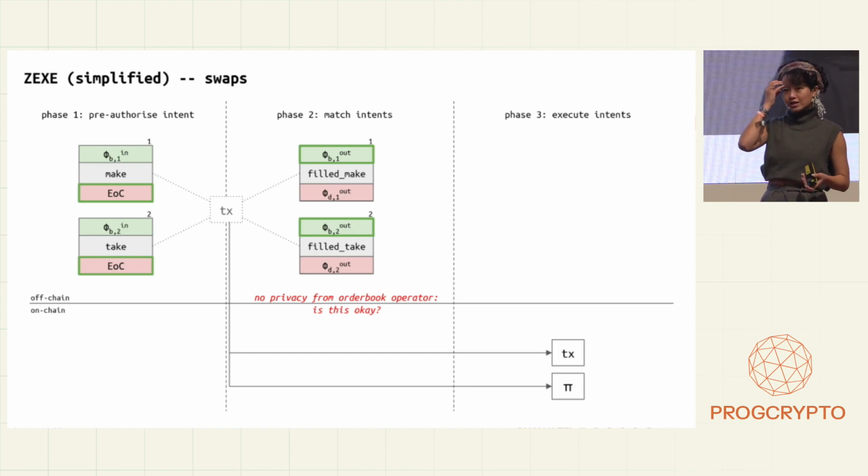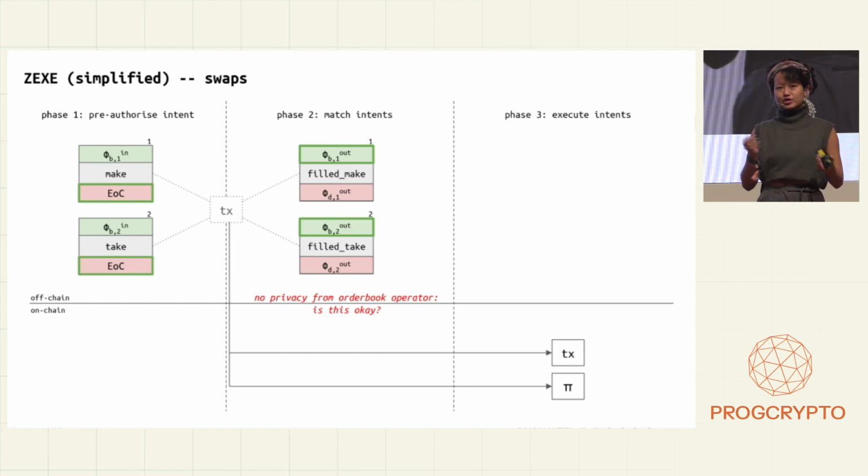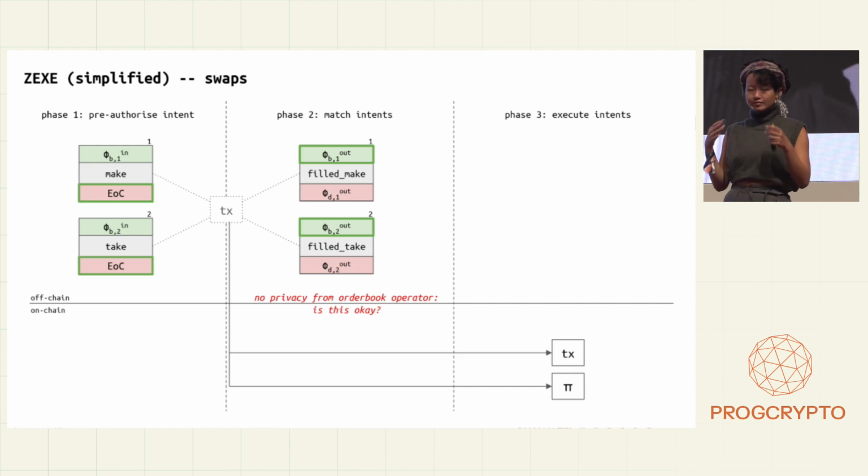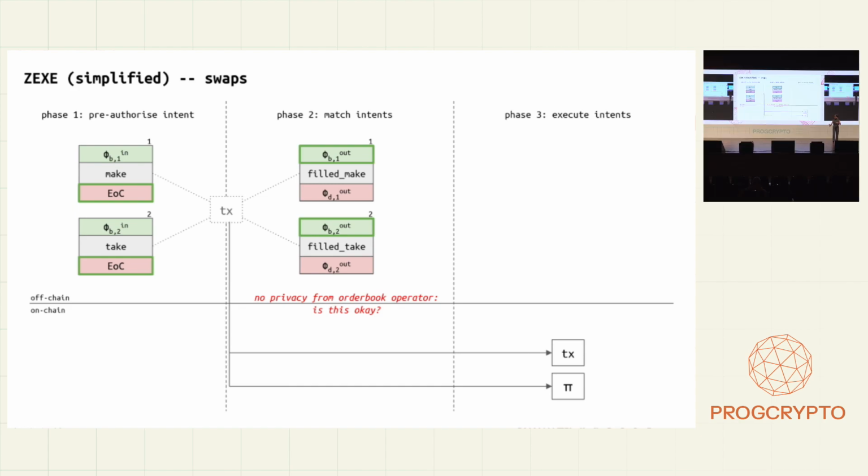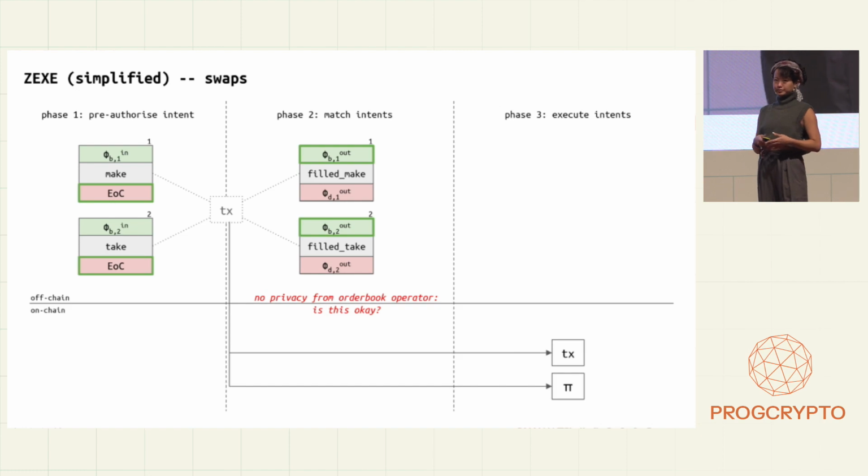So, for example, if you're a whale and you're trying to dump a huge amount of assets, you don't want this to be visible. Like, you don't want the order to just be lying there and be slowly devalued, such that by the time you make your trade, it's worth a lot less.